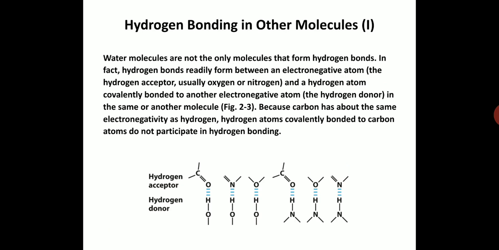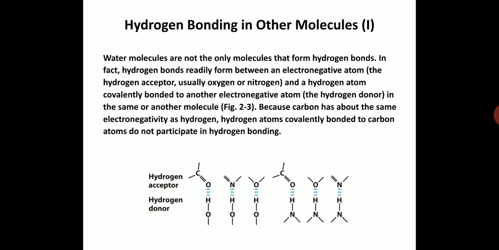Now we will see the hydrogen bonding in other molecules. Water molecules are not the only molecules that form hydrogen bonds. In fact, hydrogen bonds readily form between the electronegative atom, the hydrogen acceptor, usually oxygen or nitrogen, and a hydrogen atom covalently bonded to another electronegative atom, the hydrogen donor, in the same or another molecule, as I have shown in this figure below.